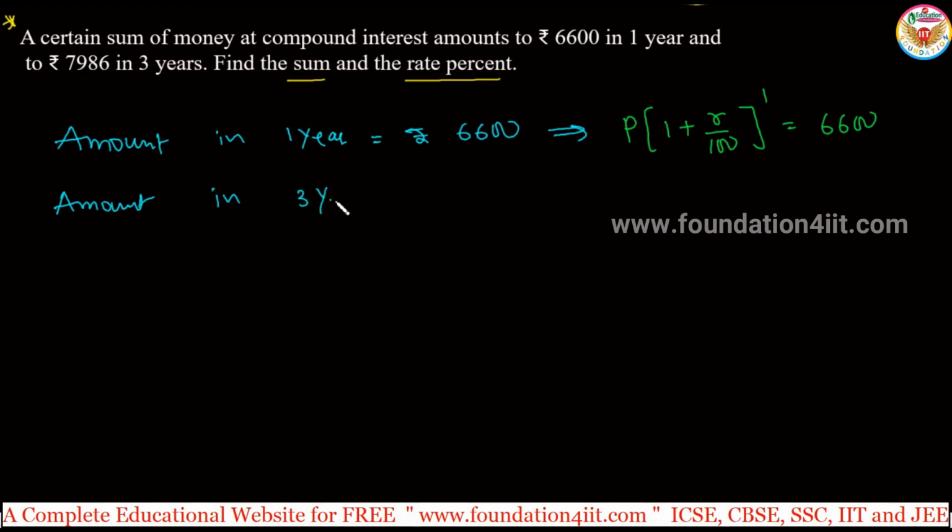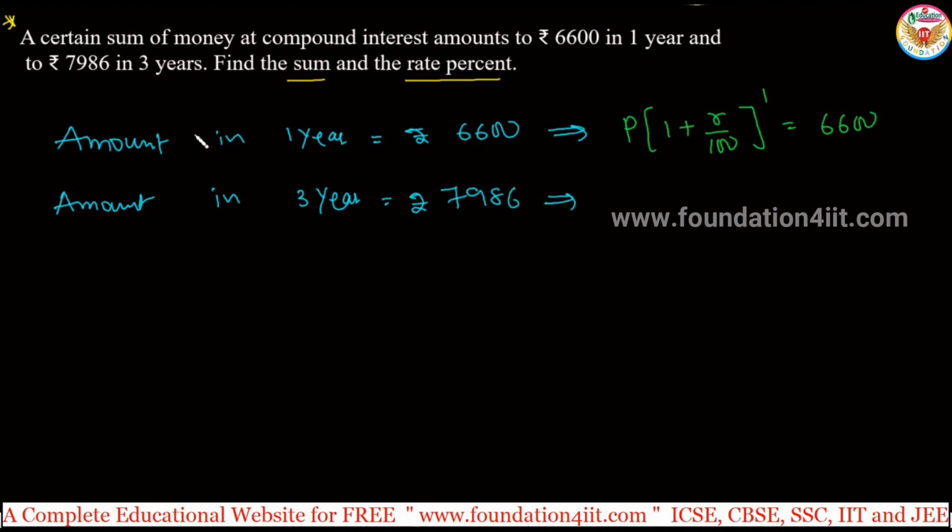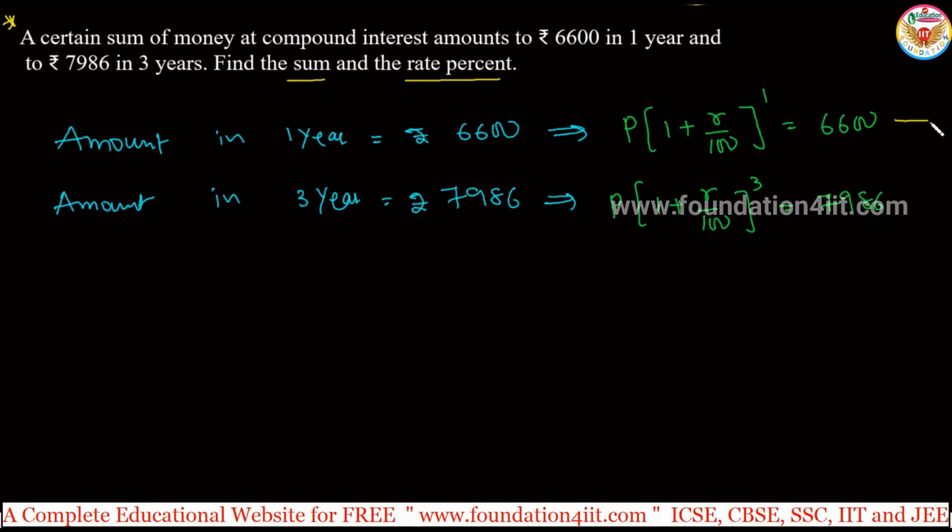So in 3 years, we can write like this: same P into 1 plus R by 100 to the power 3 is equal to 7986. So using both equations, we have to calculate P and R value.